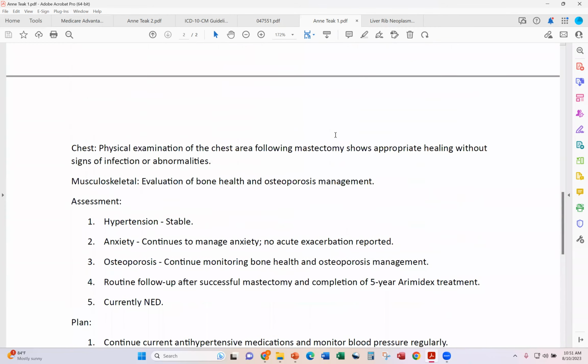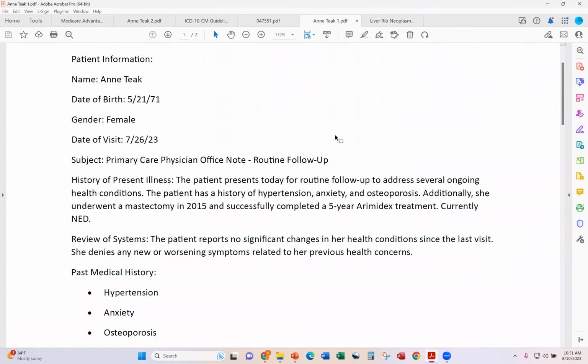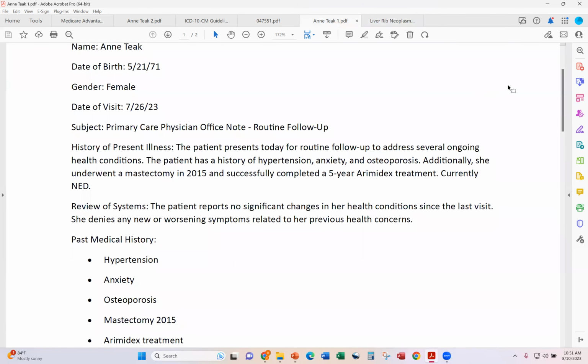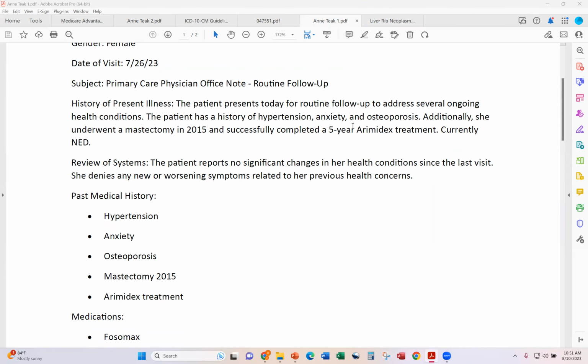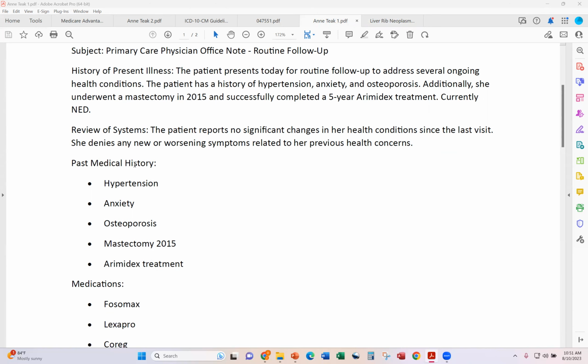Okay. So let's look at this record here. This is for patient Antique. Date of birth, female. History of present illness: patient presents today for routine follow-up to address several ongoing health conditions. Patient has a history of hypertension, anxiety, osteoporosis. Additionally, she underwent a mastectomy in 2015 and successfully completed a 5-year Arimidex treatment, currently NED.